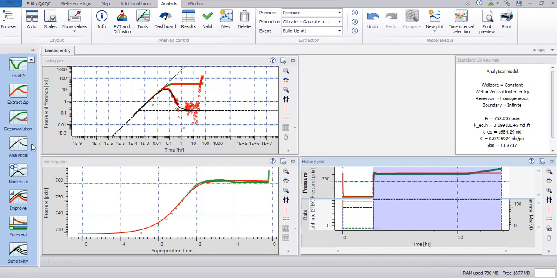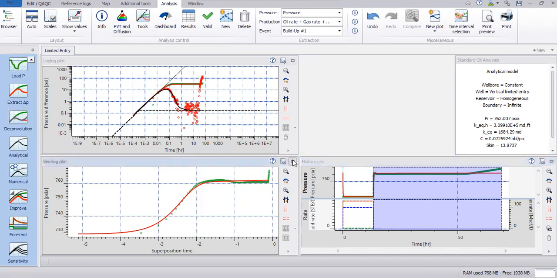So I don't want to use a vertical model because it's wrong. The correct one must use limited entry because we only have a perforation of 6 feet in the interval with a thick reservoir.